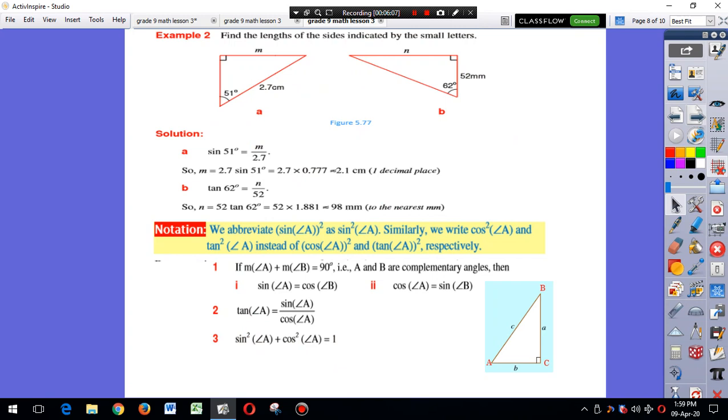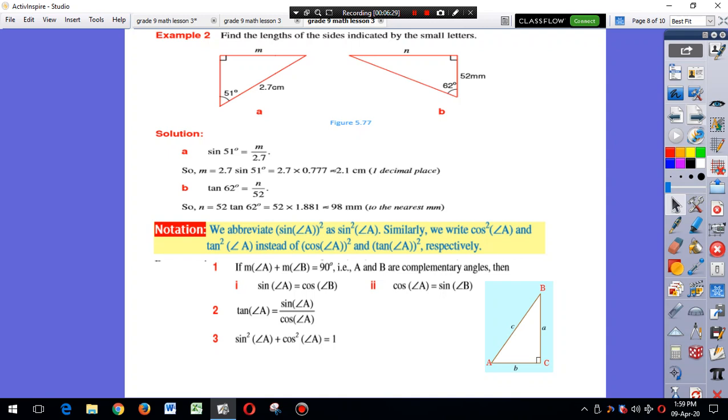Okay, the second example, find the length of the sides indicated by the small letters. So in A, the angle is 51 degree and the hypotenuse is 2.7, and the side indicated by the small letter is m.